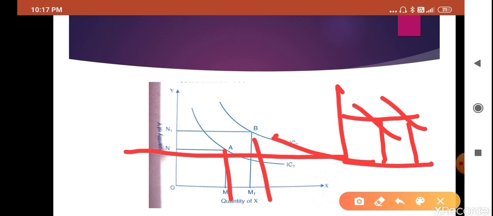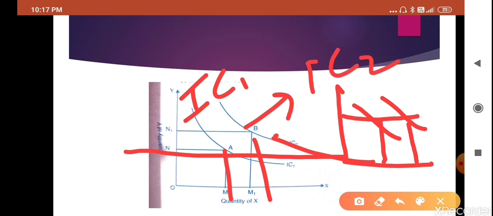So you can say this is IC1 and this is IC2. IC1 has a higher satisfaction level than IC2. Why? Because it is shifting rightwards. So every indifference curve which is shifting rightwards will have a maximum level of satisfaction, and the highest indifference curve has the highest level of satisfaction.